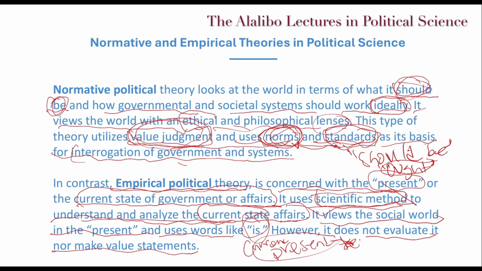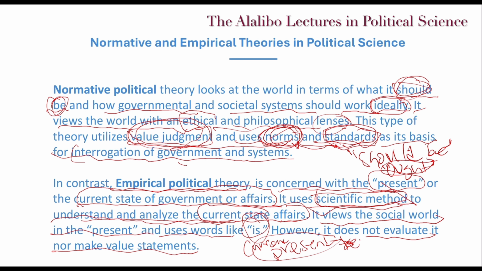We have a strong center, for example. If it's a federalist system, it will say federalism is working as it should be, or it's not working as intended, etc. So it views the social world in the present and uses words like is. However, it does not evaluate it nor make value statements.